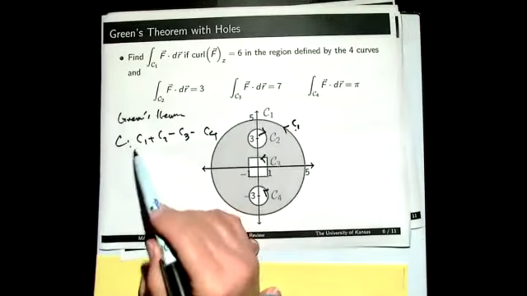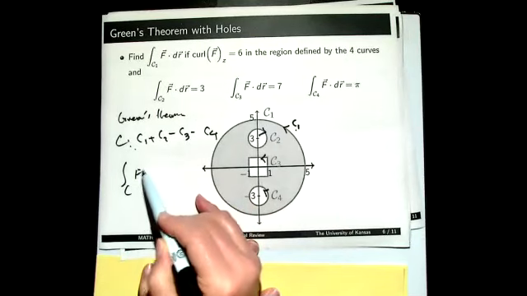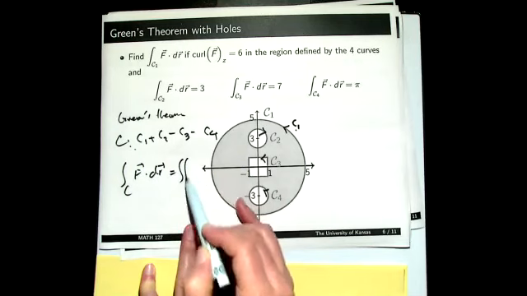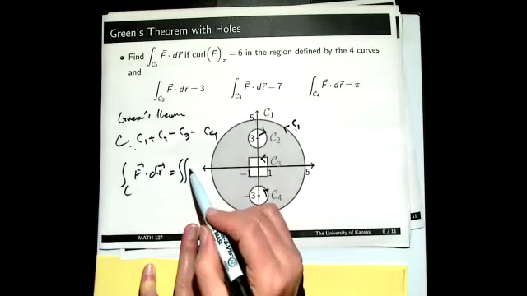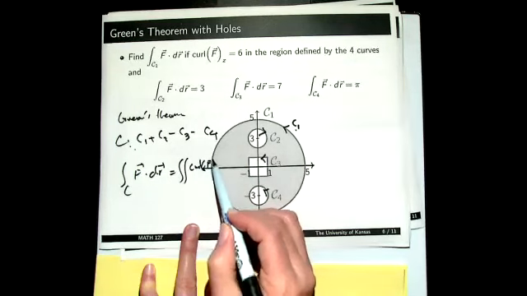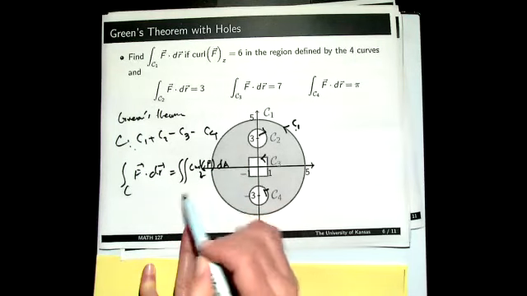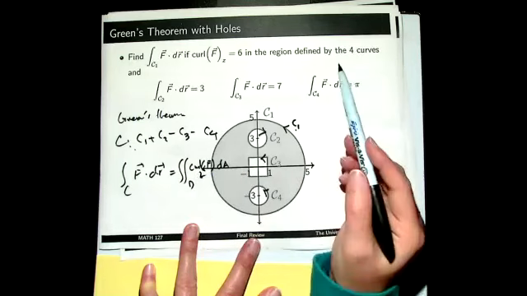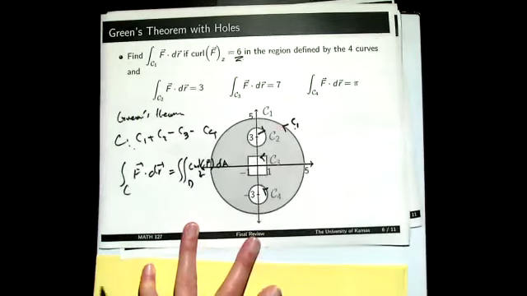And so with that C, you will have this equal to the double integral over D of the curl of F in the Z direction, dA. But curl of F is just a constant, 6.